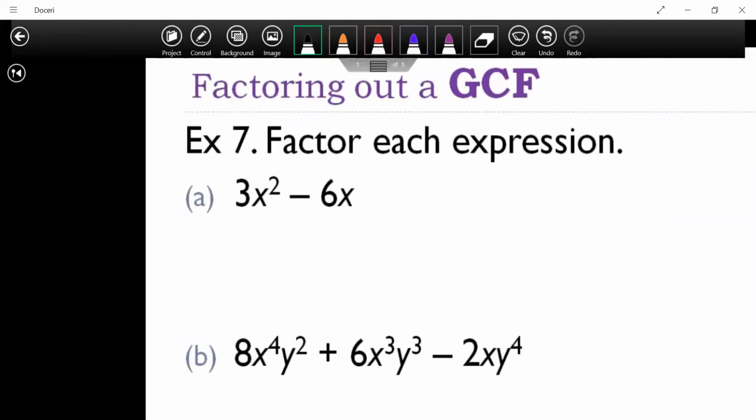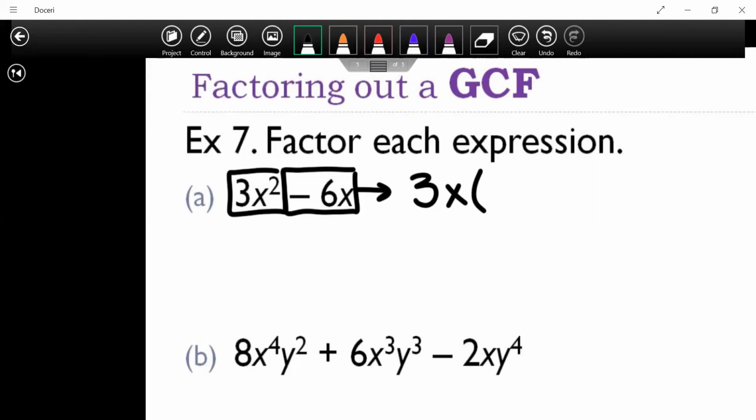Each term, we want to look at the biggest value that is the whole number and term itself. Between these two, the biggest common factor is usually going to be a multiple. So between 3 and 6, the greatest common factor is going to be 3. With our x term, it's the smallest exponent, so it's going to be x here.